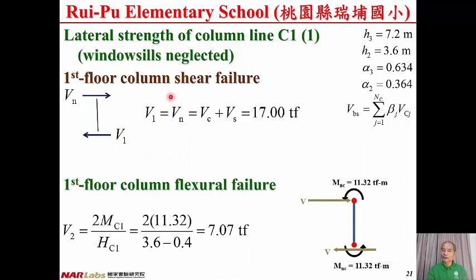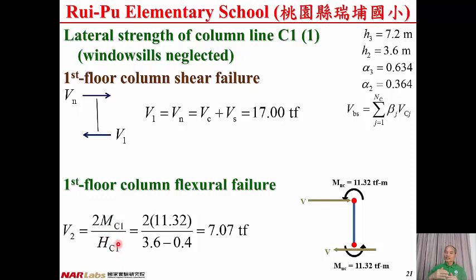The first one is the first floor column shear failure. V1 is equal to Vn. Vn is the shear strength of the column, equal to Vc plus Vs, equal to 17.00 ton-force. The second failure mode is the flexural failure on the first floor column. V2 is equal to 2 times MC1, where MC1 is the moment strength of the column on the first floor, divided by HC1.